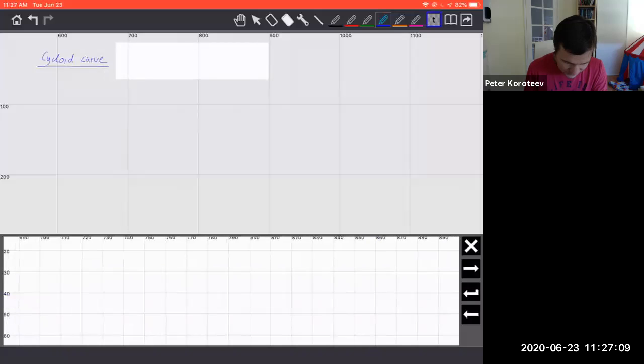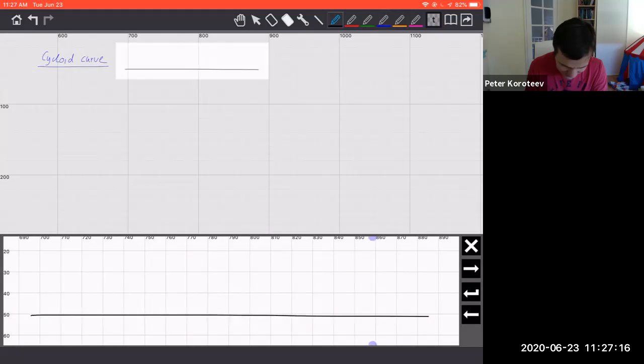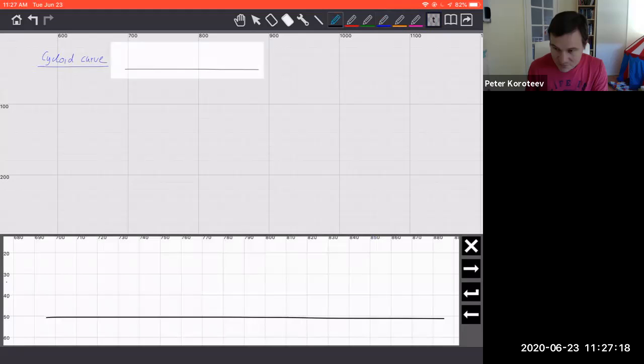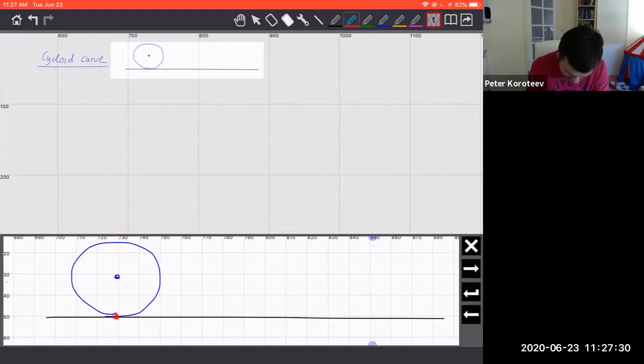Cycloid. So what is a cycloid? It appears in everybody's daily life. Say you want to drive somewhere, you sit in your car, right? So this is the tire of your car, and then you make a hash mark with a chalk, maybe at the bottom of the tire. And then you start driving.